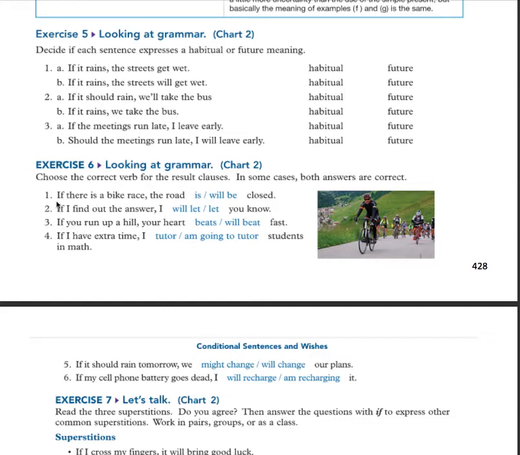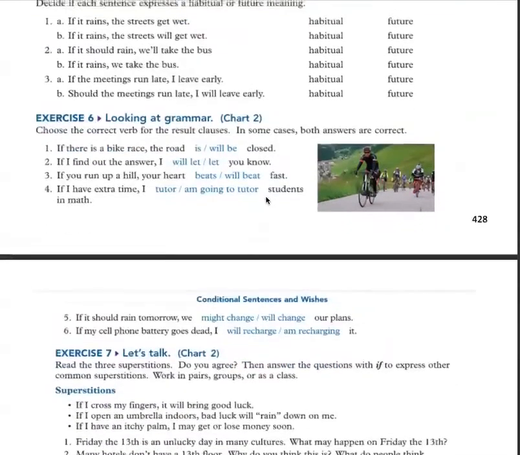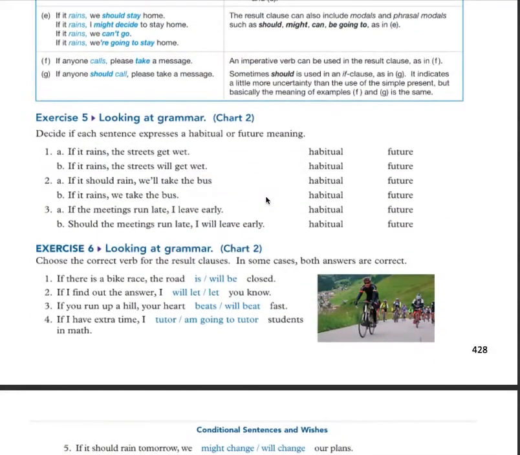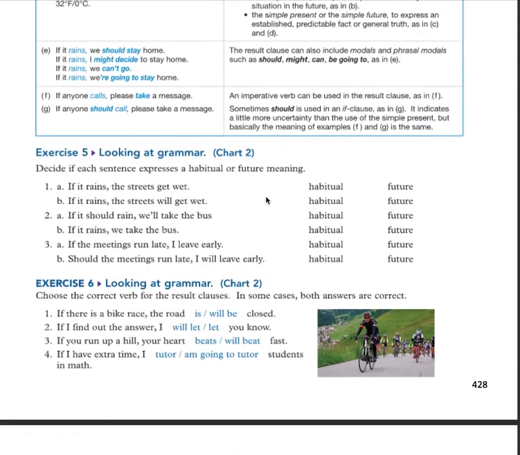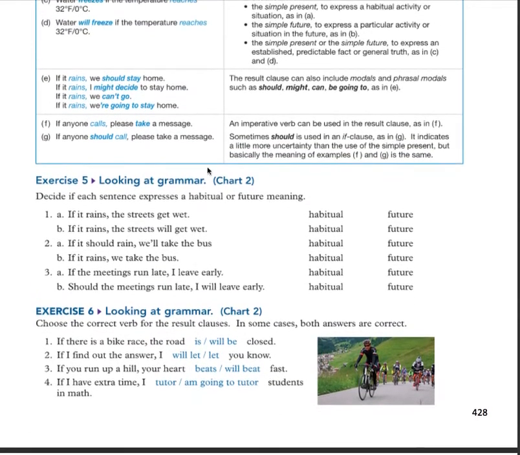Now, let's look at exercise 6. Choose the correct verb form for the result clauses. In some cases, both are correct. Remember, like back in here, the simple present or the simple future can be used to express an established, predictable fact or general truth.